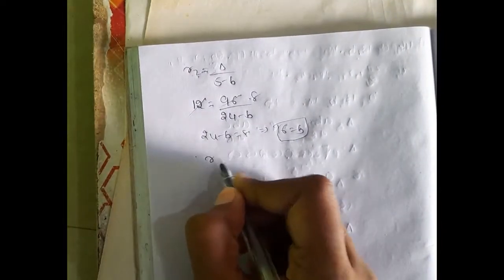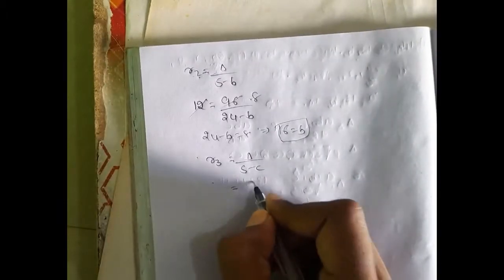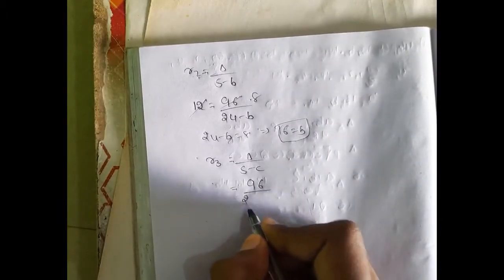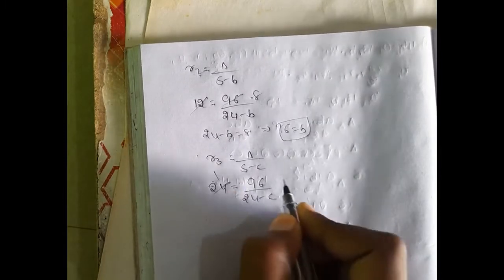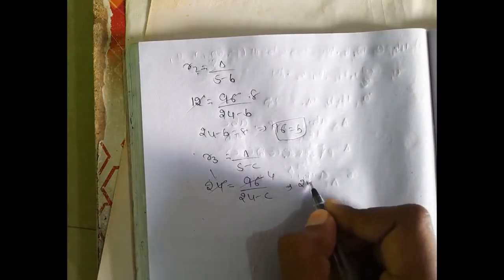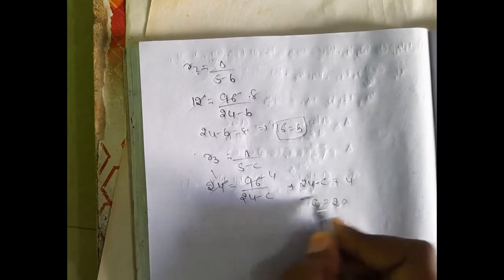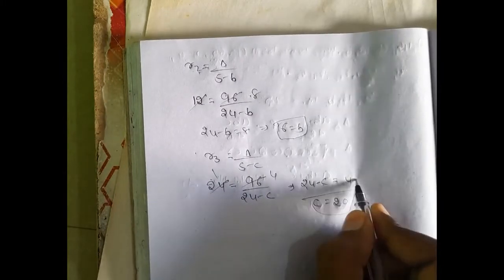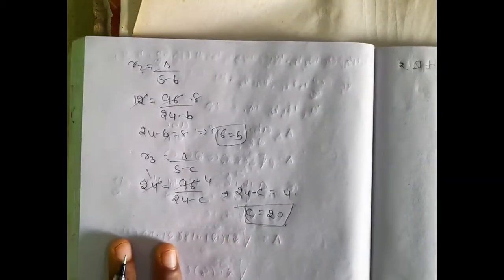Now C. We have C in the R3 formula. Now delta is 96, S is 24 minus C and R3 is 24. 24 ones are 24, 24 fours are 96. Implies 24 minus C equals 4. C equals 20. Just transposing 4 to this side and C to that side. C equals 20. So we found the values of A, B, C.